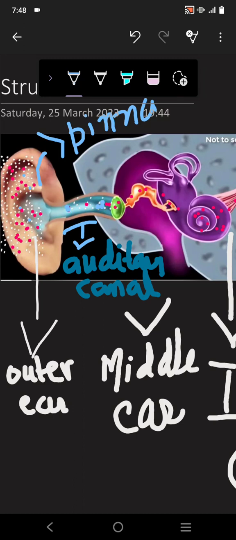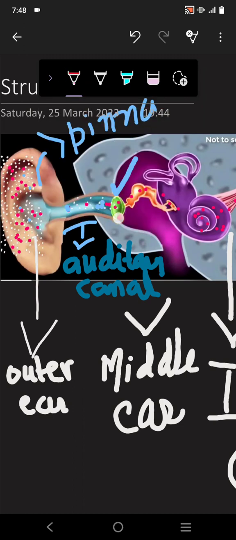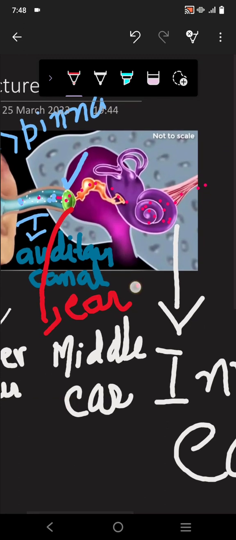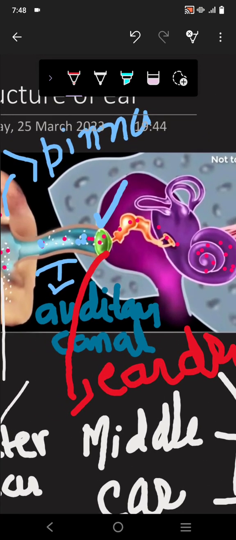Now this sensitive part of the ear is known as the eardrum, in Urdu we say parda.